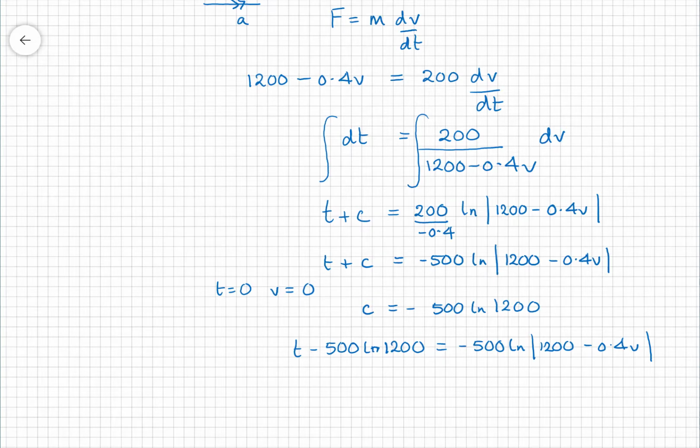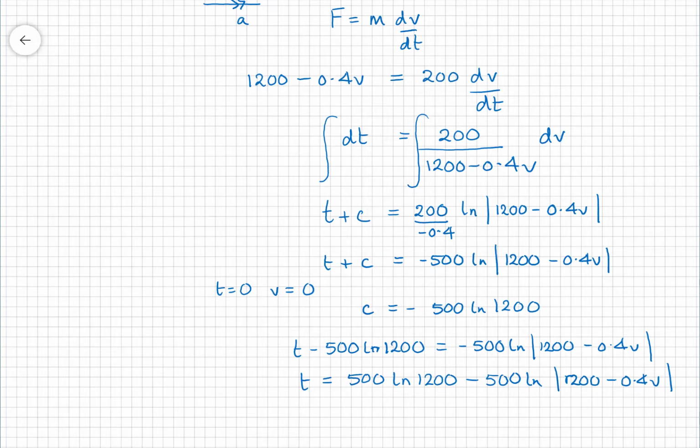So we can make t the subject by taking the minus 500 ln 1200 over, so we end up with t is equal to 500 ln 1200 minus 500 ln of 1200 minus 0.4v.